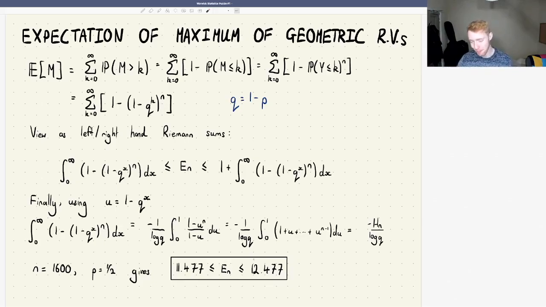I mean, you can maybe argue this isn't perfectly rigorous because it could be smaller than 11.5 and therefore would round to 11. But if you use the Euler-Maclaurin approximation, we can actually get some more rigorous bounds on this to make sure it does round to 12.